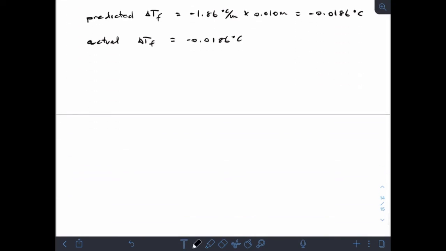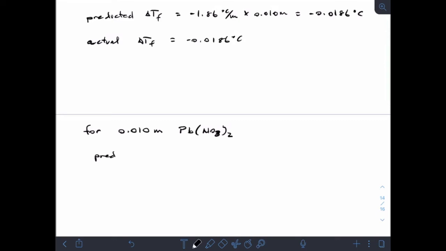Great, cool. Right? Well, let's look at a different scenario. For the same molality of lead nitrate, for example, instead of something simple like acetic acid, Pb(NO3)2, right?